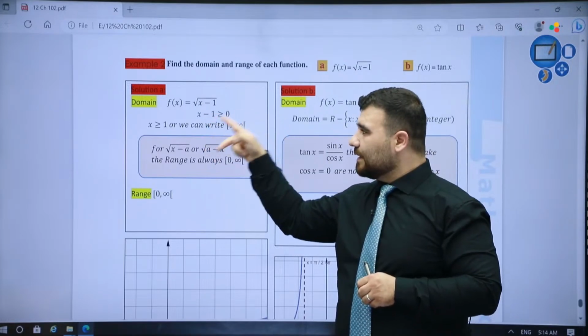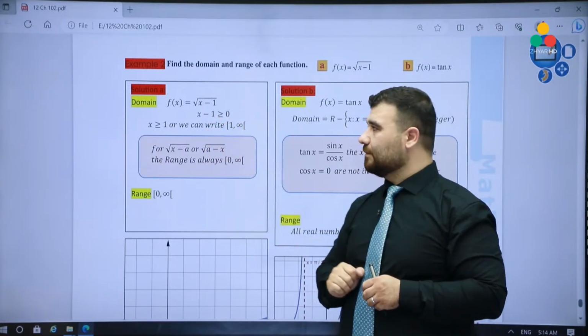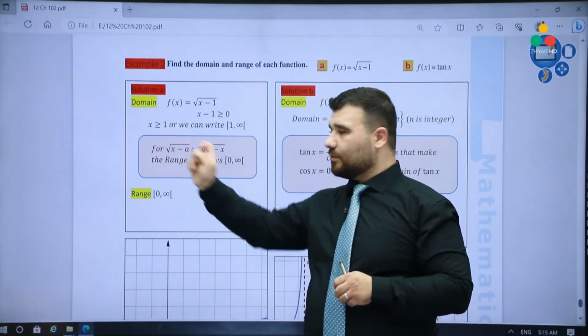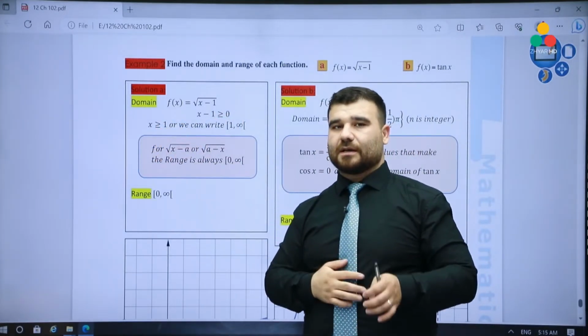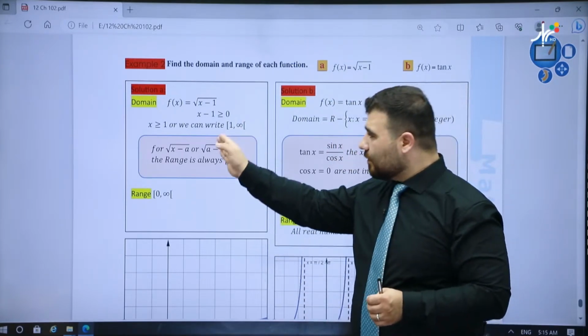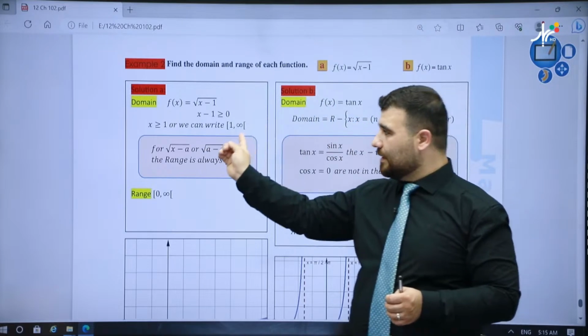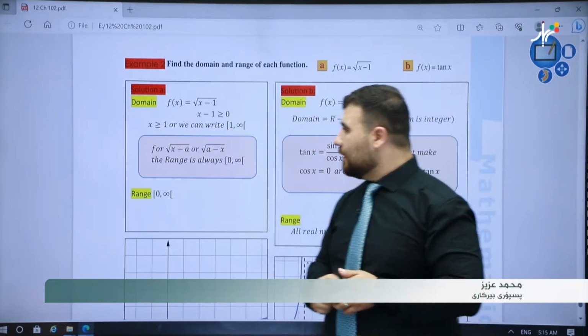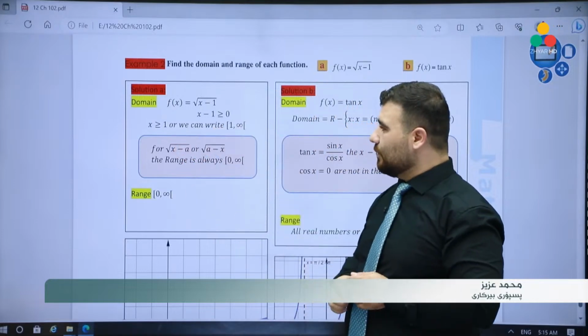X minus 1, greater than or equal to 0. When we get negative 1 to the other side, x greater than or equal to 1. This is directly the domain. X greater than 1, we can write it as from 1 to infinity. The 1 is in because there is equal. Infinity is always open. This is the domain.